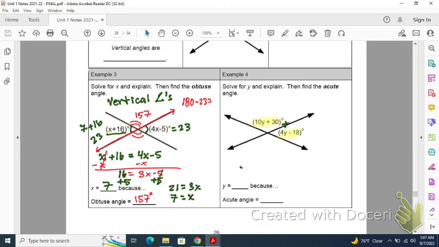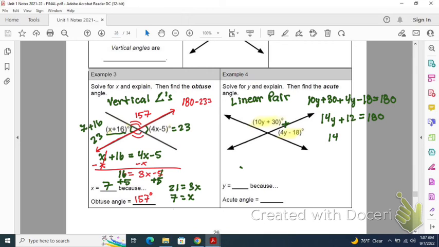This is a linear pair. We get 10y plus 30 plus 4y minus 18 equals 180. Go ahead and combine like terms. 14y plus 12 equals 180.